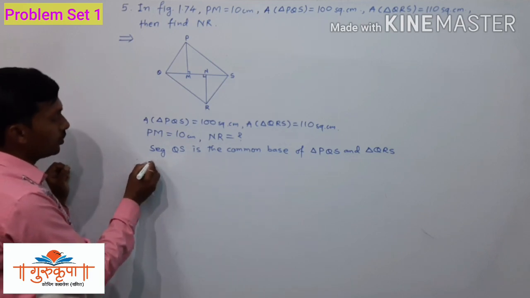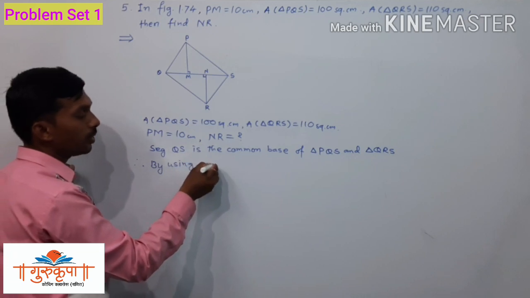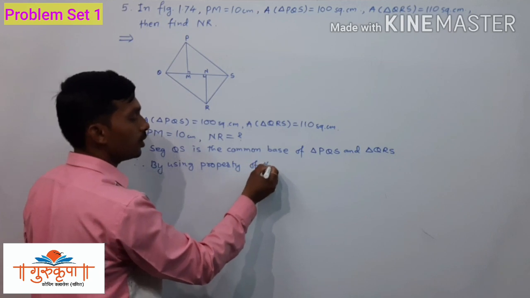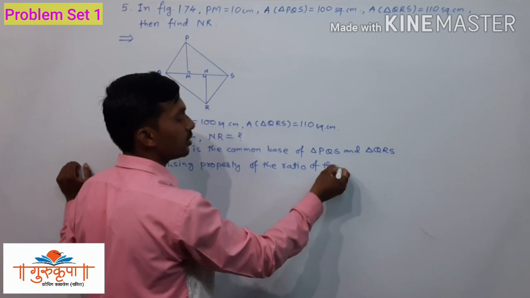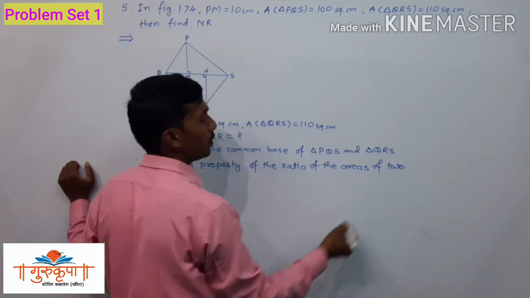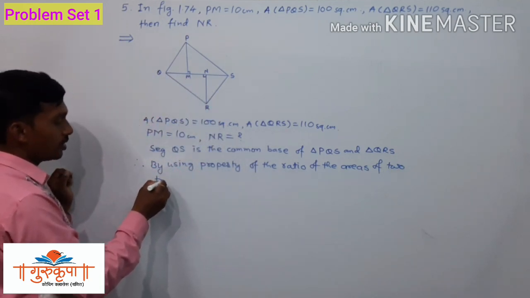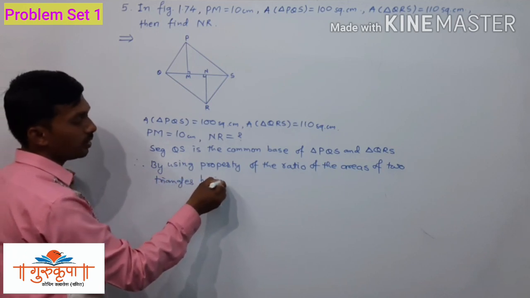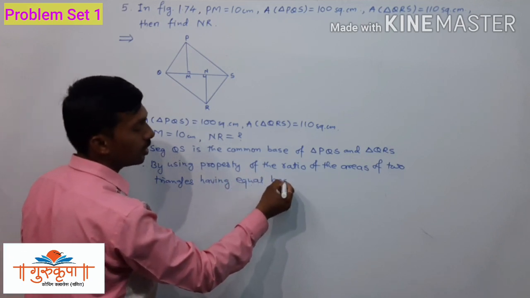So by using the property of the ratio of the areas of two triangles having equal bases, here the bases are equal.